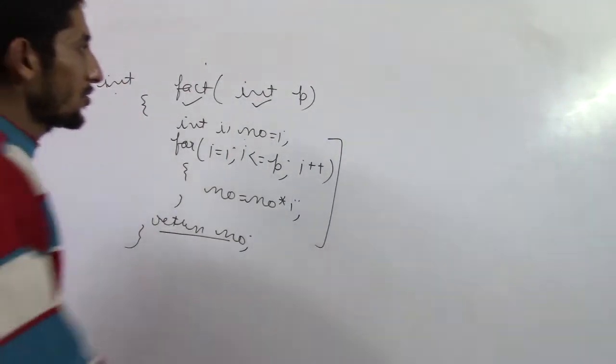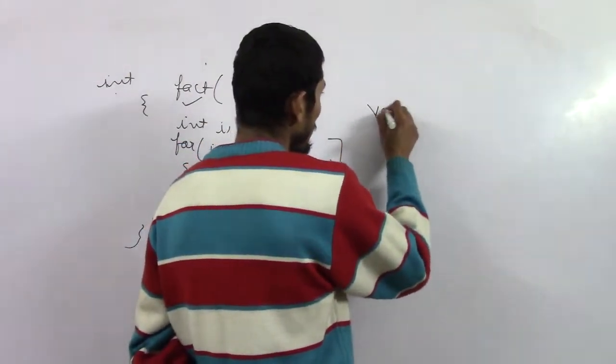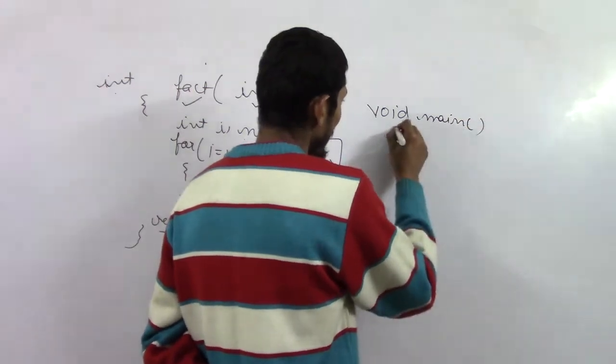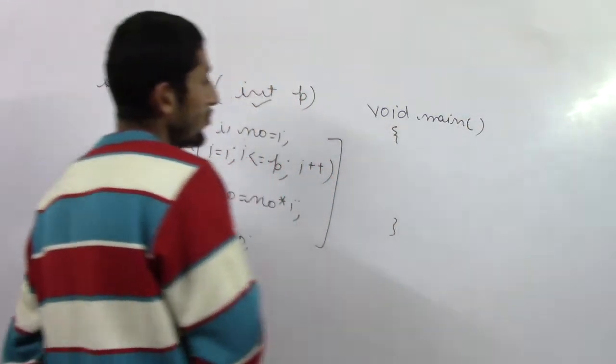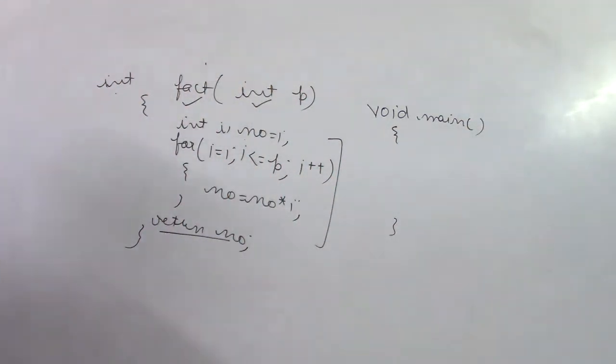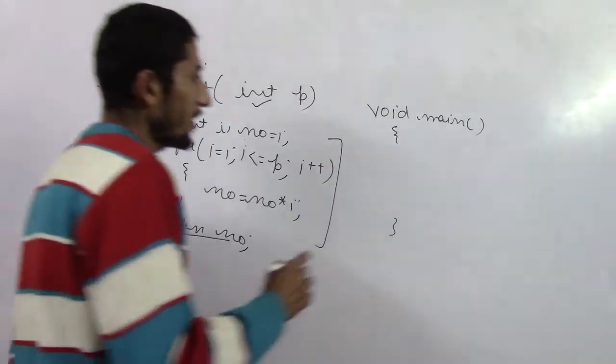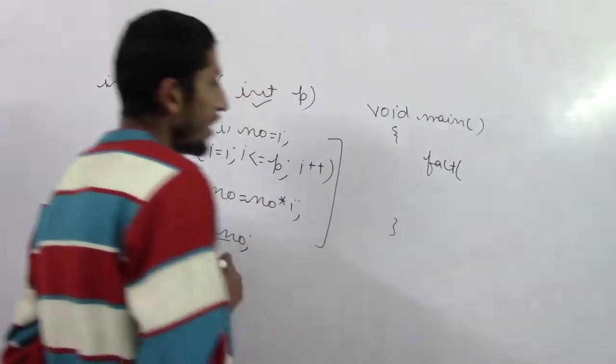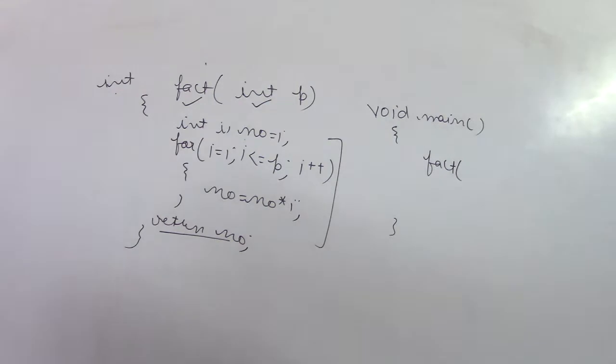Inside main, I have already told you that in order to call a function you need to write the name of the function. So the name of the function is fact, along with a number.